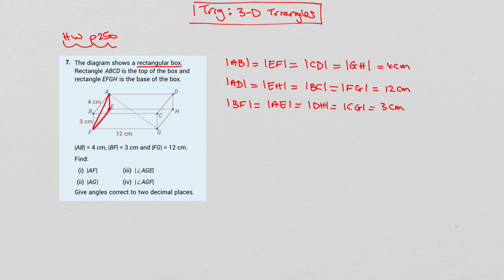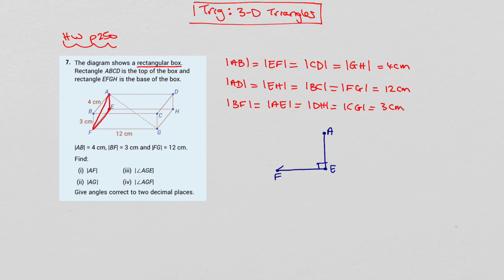So therefore, if I redraw that triangle, what I'm going to have is A to E, and then that is vertically up. E to F is the base of the box. Therefore, that must be meeting AE at 90 degrees.